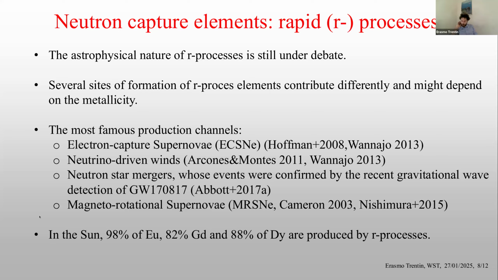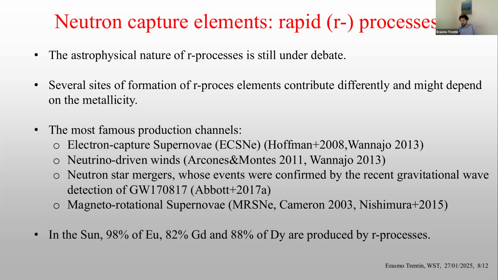As you will see soon, all these processes can contribute differently from element to element. But one important thing is that since all these processes come from the same nature, which is the neutron capture, it's really important to have a way to differentiate between those elements that have been formed mostly by S processes and those from R processes.